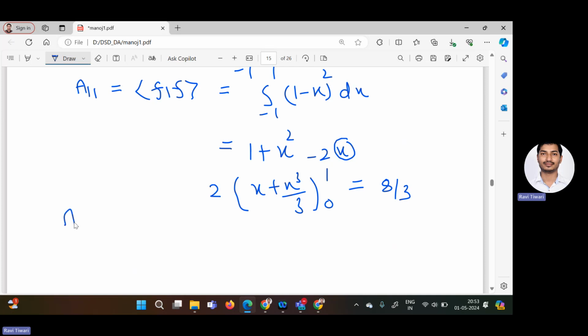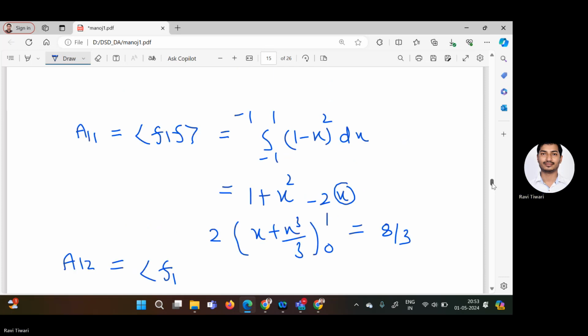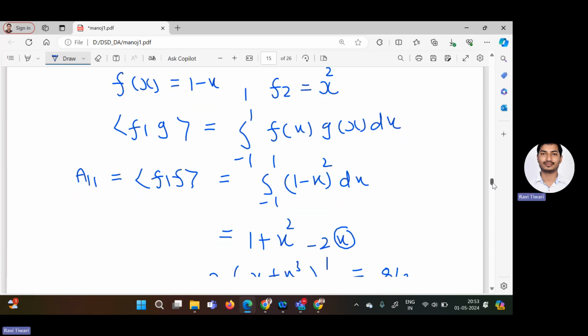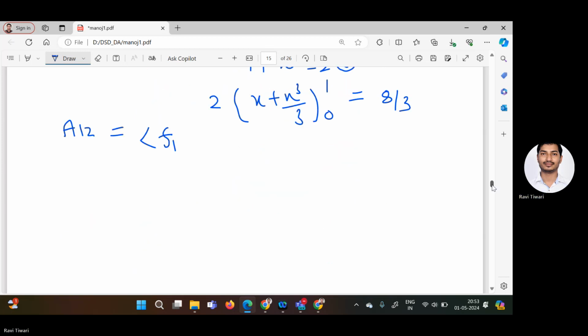Similarly, you can calculate A12. What will be A12? It is the inner product of f, and the second function given is x square, which we can call g. So this equals the integral from minus 1 to 1 of the first function, 1 minus x, into x square dx.